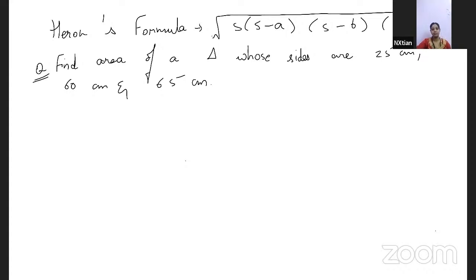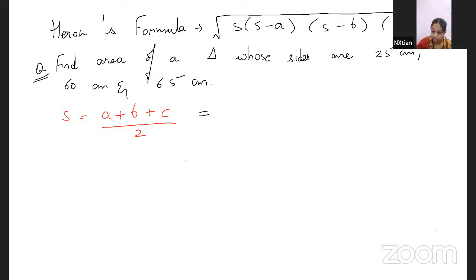What's the first thing that we do? We find out the value of S. That is the first thing we do. So let's find out the value of S. What is the formula? S is equal to A plus B plus C divided by 2. Ma'am, is it 75? Yes, it's 75.